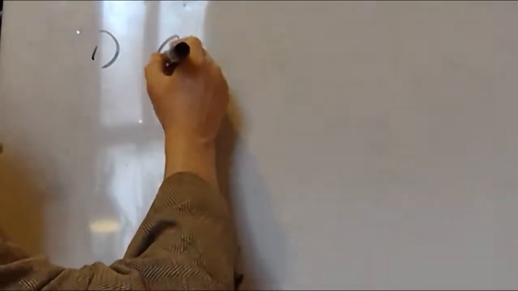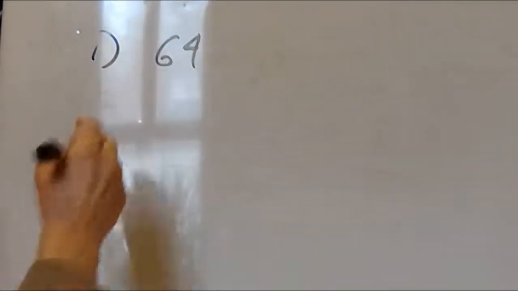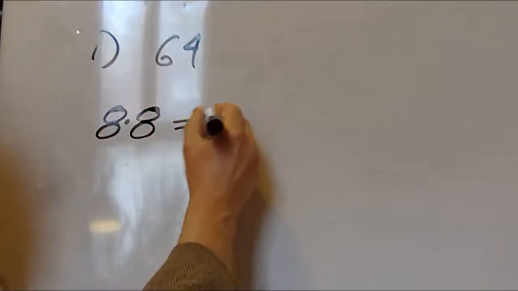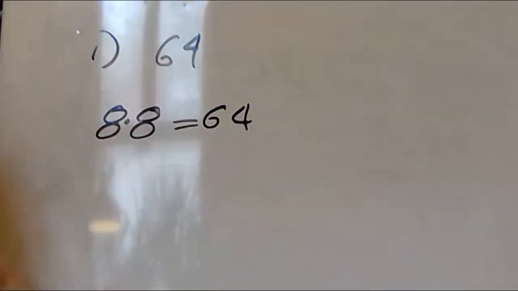So example number 1 asks us to find the square root of 64. Well, we can look at 64 and we know that 8 times 8 is equal to 64, because that's what we want to square. We want to find the square and then find the square root. I'll show you that in a minute.